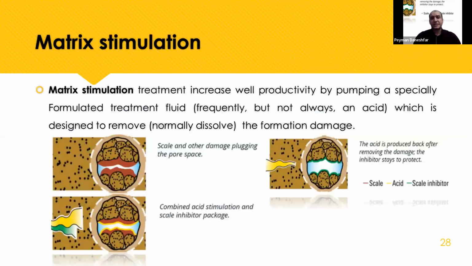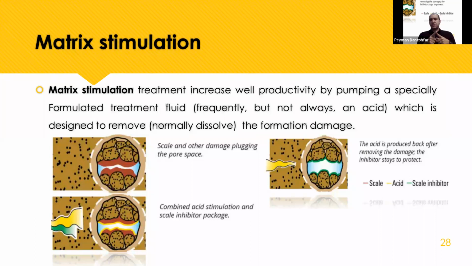What is matrix stimulation? Matrix stimulation is a treatment in which we want to increase the well productivity by pumping a specially formulated treatment fluid. It means that in a well, maybe we have some formation damage.